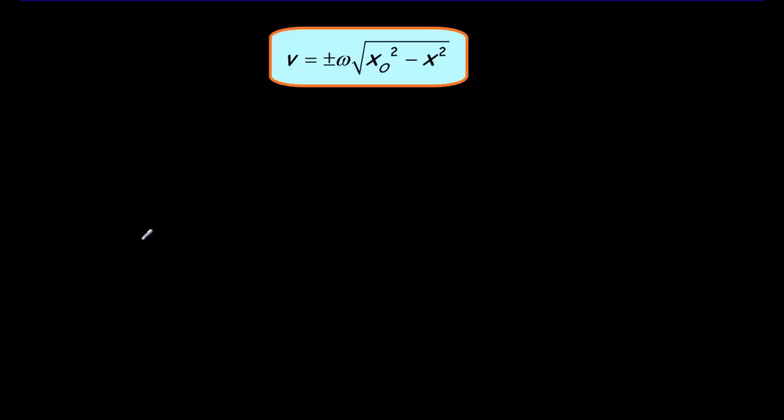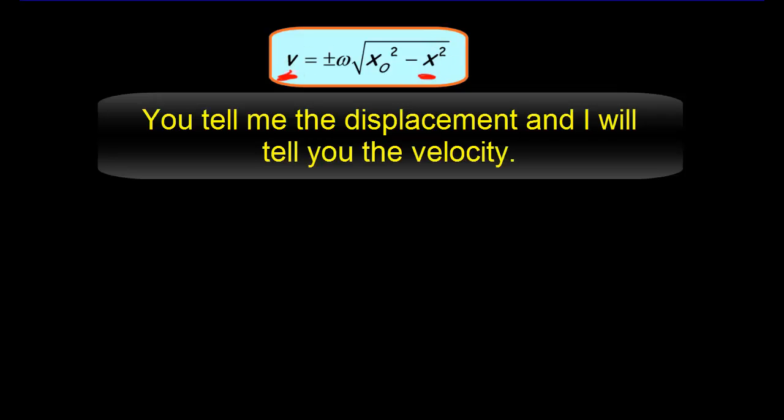Now this expression tells me it's a relationship between the speed and the displacement. So if you tell me where the object is, I'll tell you how fast it's going.